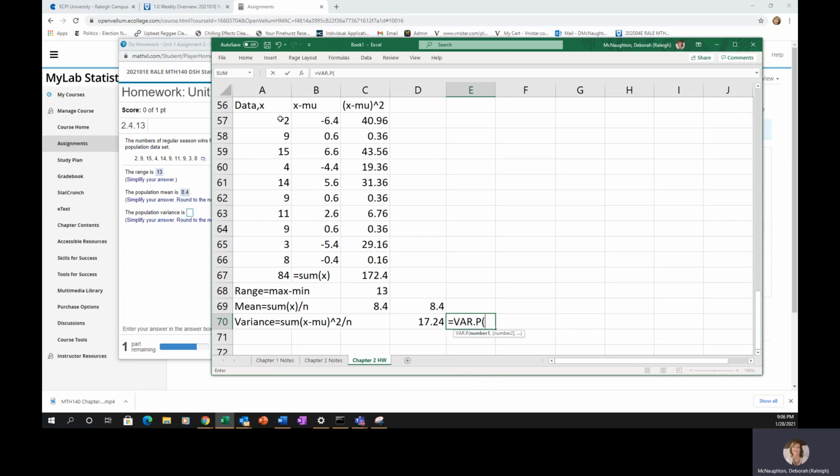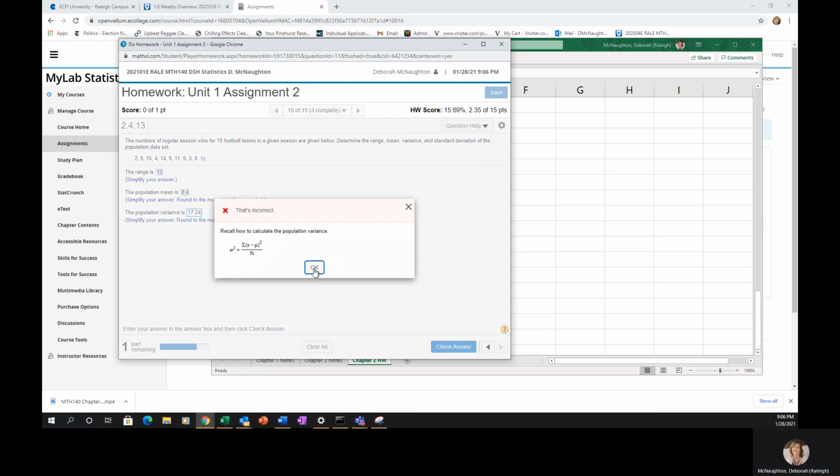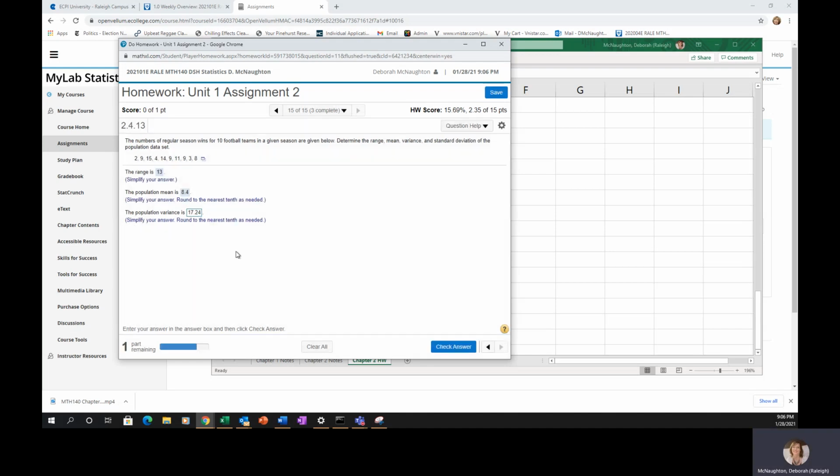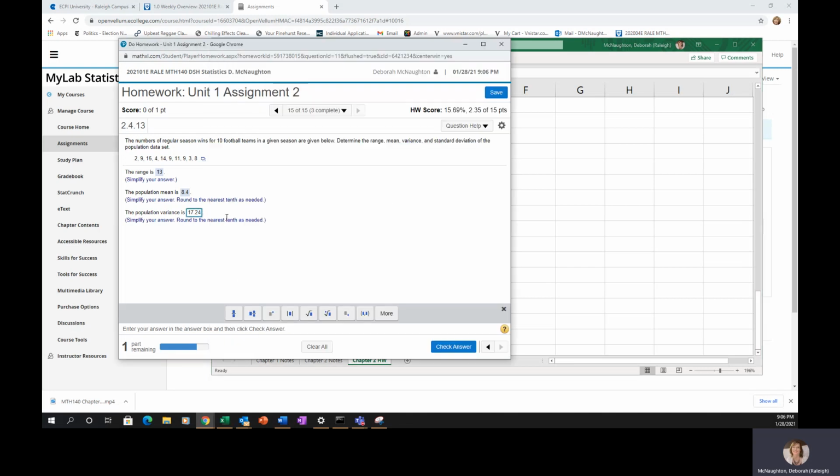And then I can go back and put in my original data. Make sure you don't include the sum. And I get the same answer. So the population variance is 17.24. Oh, it was supposed to be to the nearest 1 decimal. Do that a lot. So this should have been to 1 decimal, so 17.2.